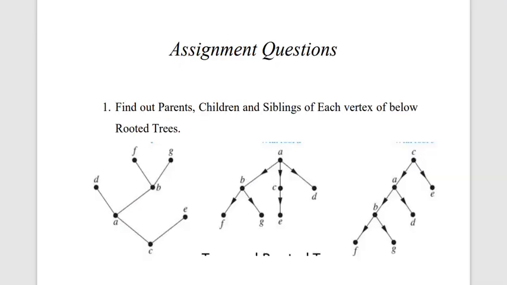Now this is your assignment question. I have already given the direction of arrows for these graphs. This is a rooted tree. C is the rooted vertex in one graph, A is the rooted vertex in another, and in the third graph C is the rooted vertex.